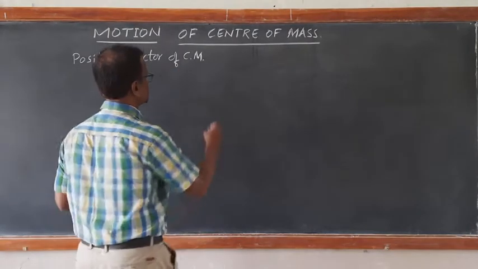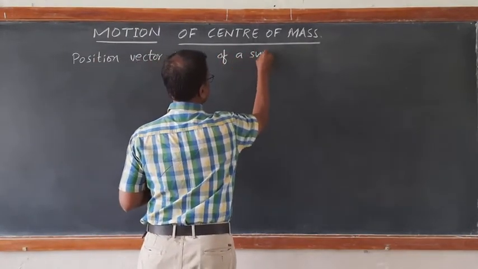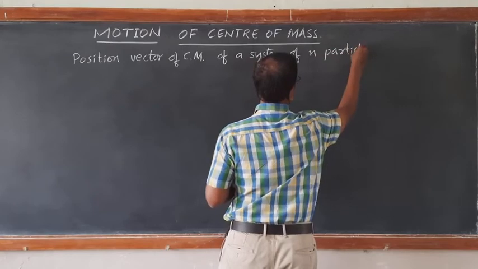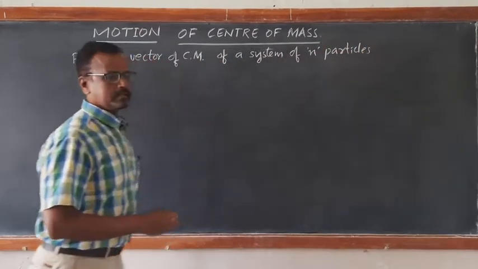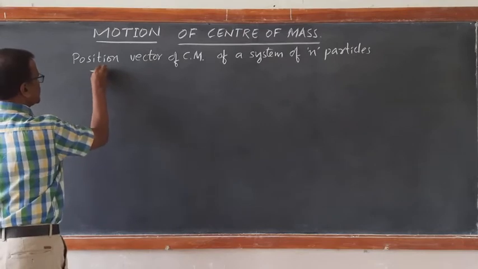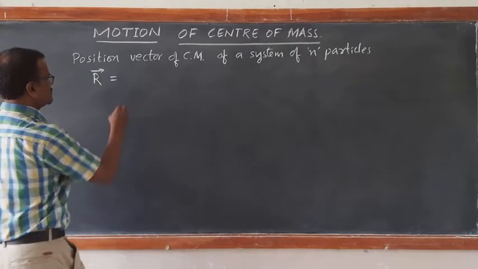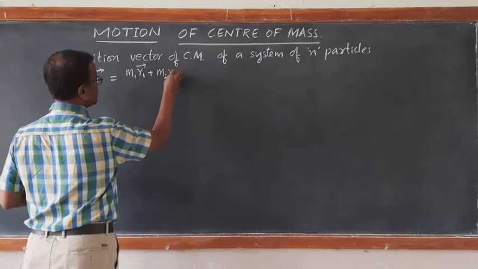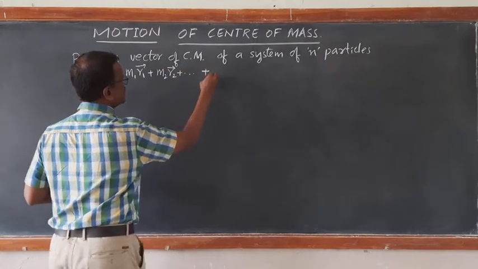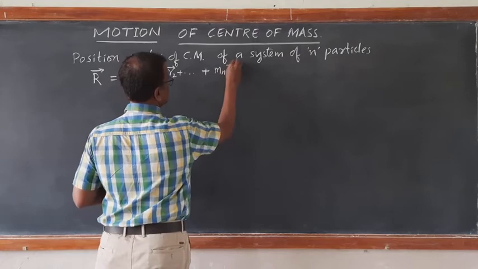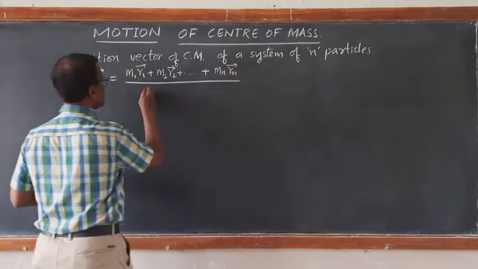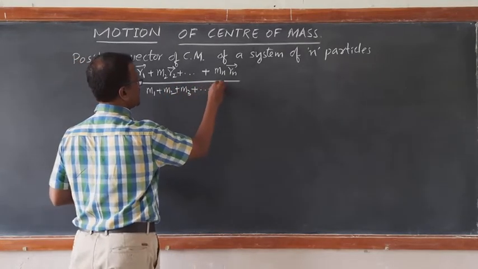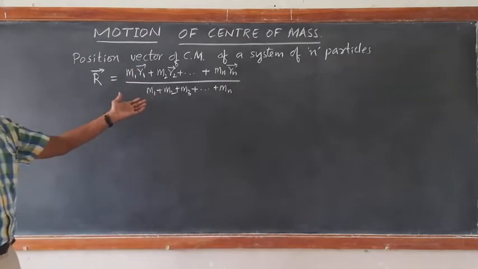Position vector of center of mass of system of n particles is given by vector r is equal to m1 r1 vector plus m2 r2 vector plus and so on up to mn rn vector divided by m1 plus m2 plus m3 and so on up to mn for system of n particles.